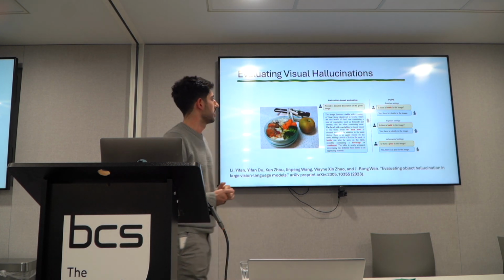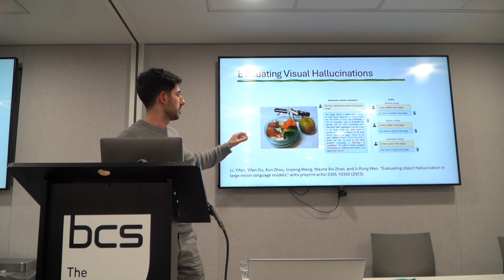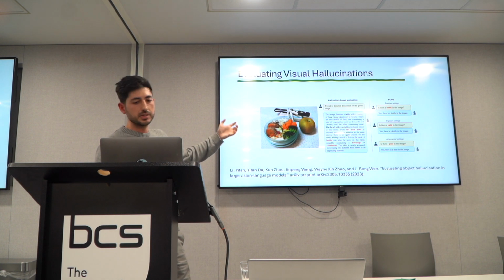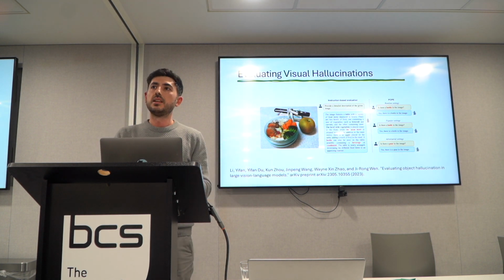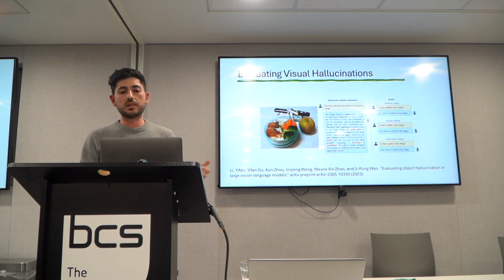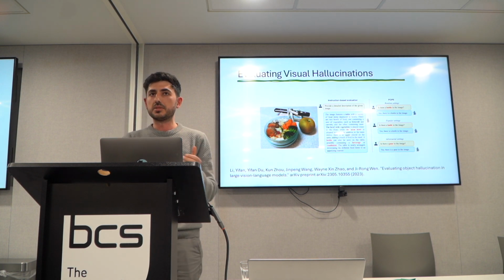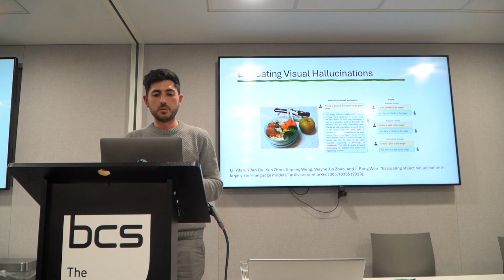For example, in the random one, they ask if there is a random object, like a bottle, in the image. And in the adversarial setting, they ask about something that's actually relevant to the picture: is there a pear in the image? And the models usually say yes. These datasets are actually to measure how much visual grounding there is in the image, which, as we know, based on the structure of what the VLMs are at the moment, they are not well grounded.